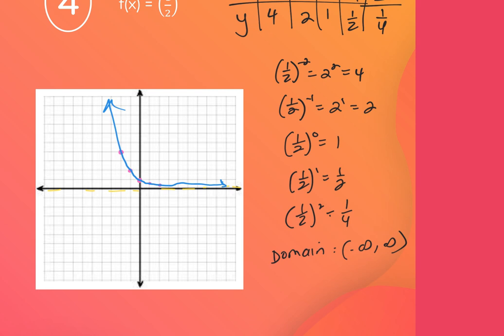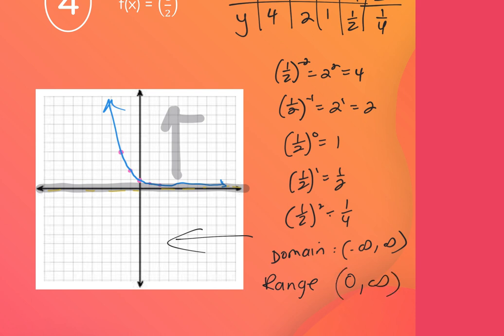You see it gets close to, but it doesn't cross through it. So the values would start as close to this as you possibly can and then go up. So it's 0 to positive infinity, but it can't include 0, so it's a parenthesis, not a bracket, okay? That's going to change with a vertical shift, which you're about to see.